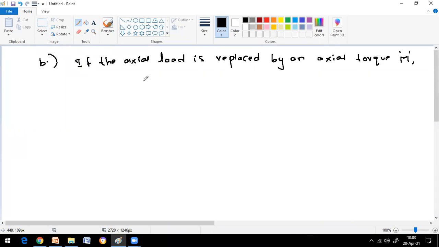So you are going to replace the 300 newton axial load with 8 Newton into meter of torque. Then what will be the angle of rotation? Calculate pi here again with the change in load.